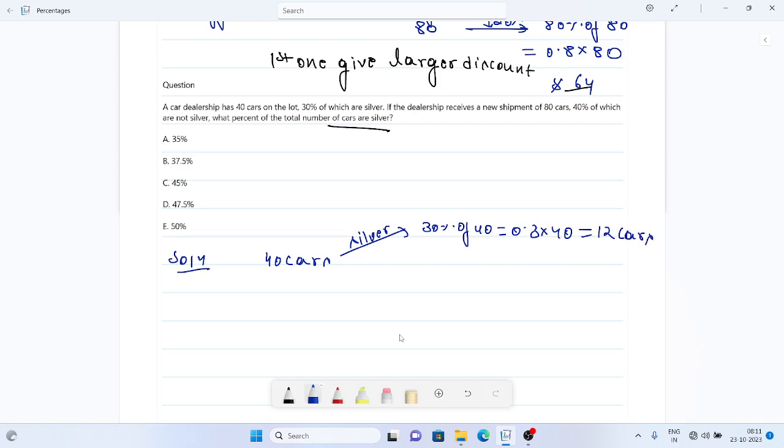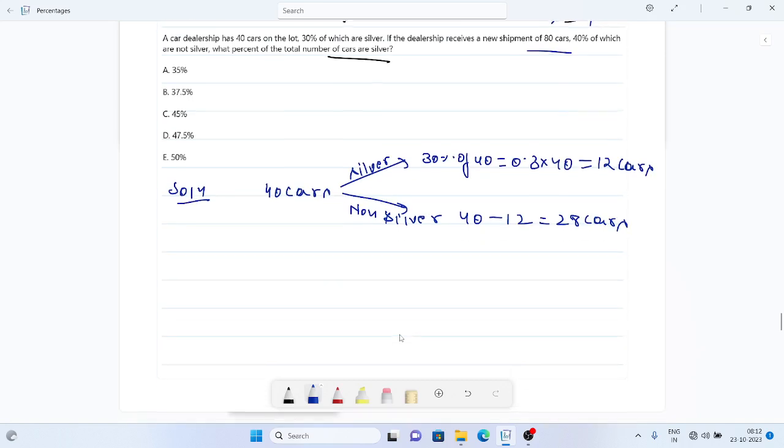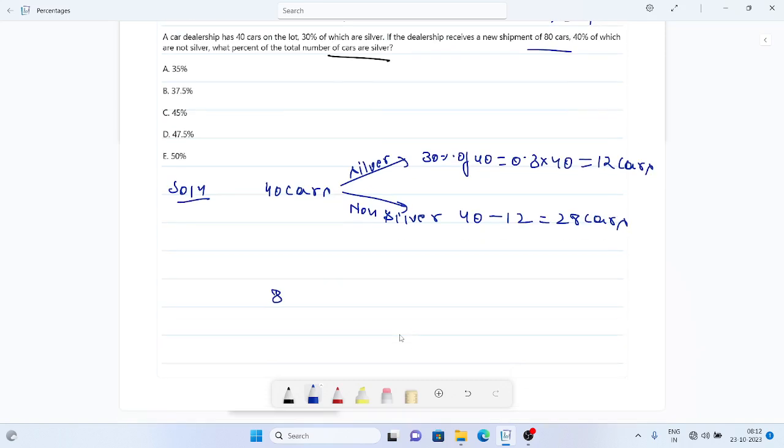And if 12 cars are silver out of 40, so non-silver cars are 40 minus 12, which is 28 cars, right? The new shipment is 80 cars, 40% of which are not silver. So here the value of not silver is given.